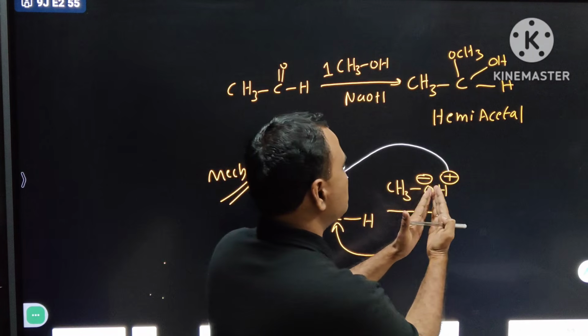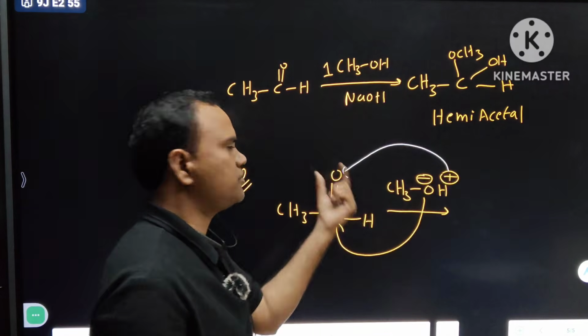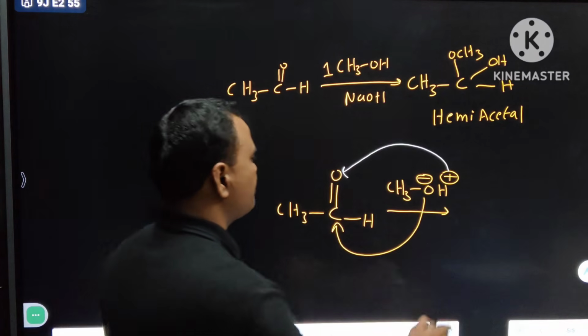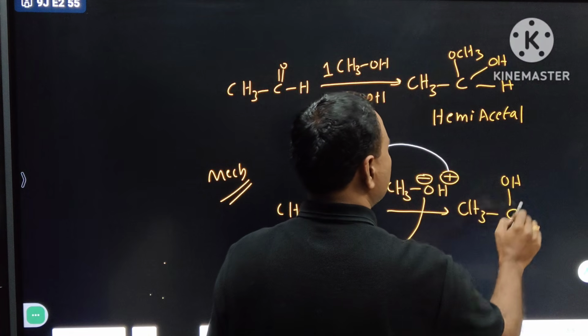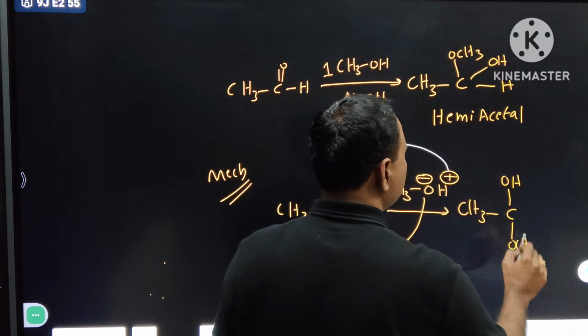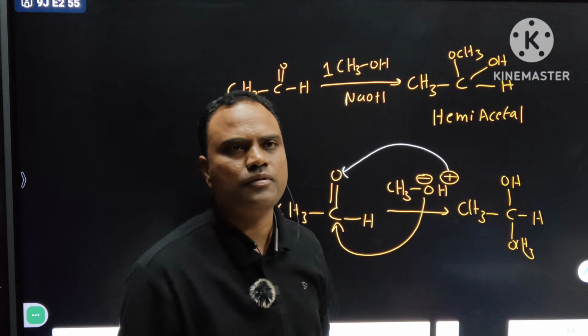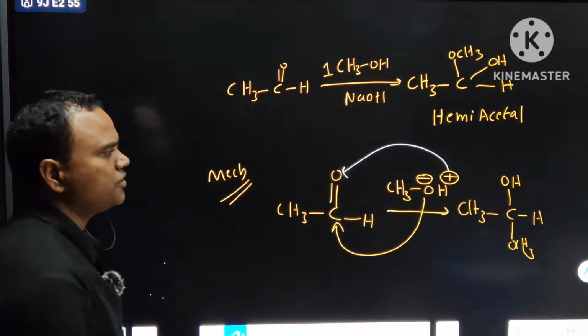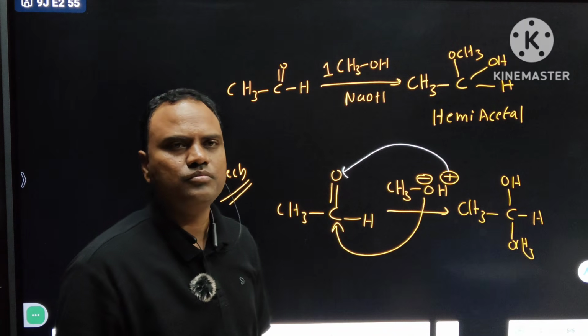Just split this into two parts: CH3O negative and H plus. Right. CH3, C, OH, OCH3 and H. Both are same only. Clear? Right. Did you get this? Right.